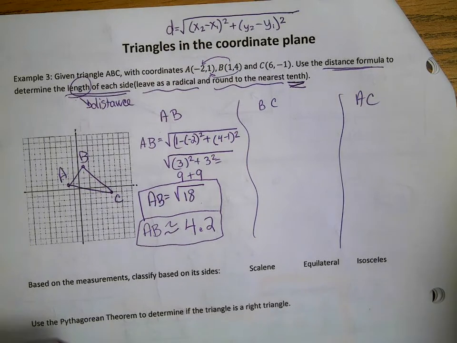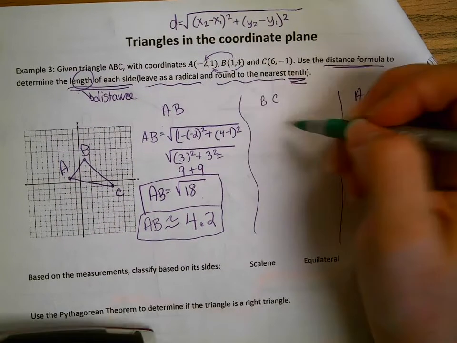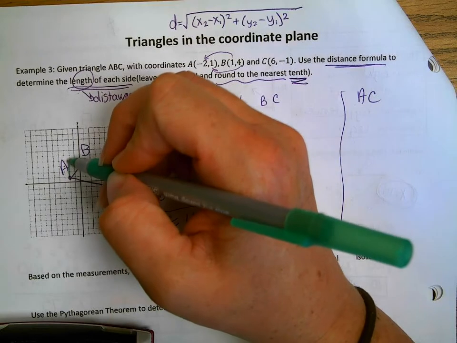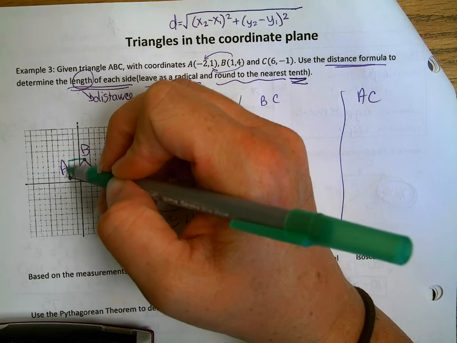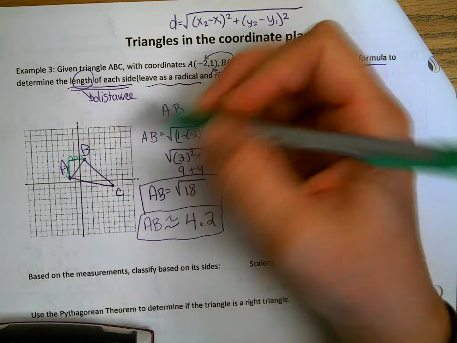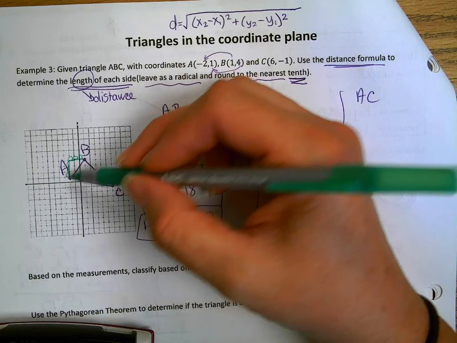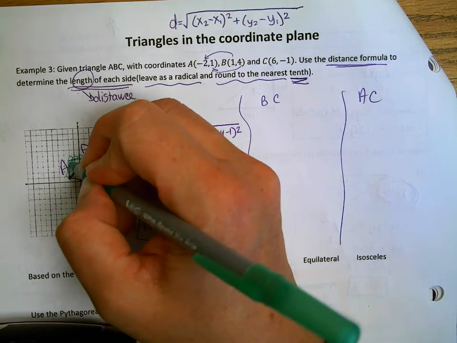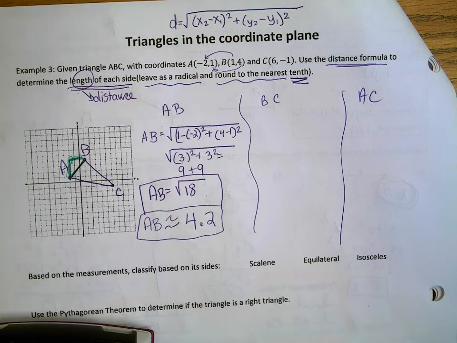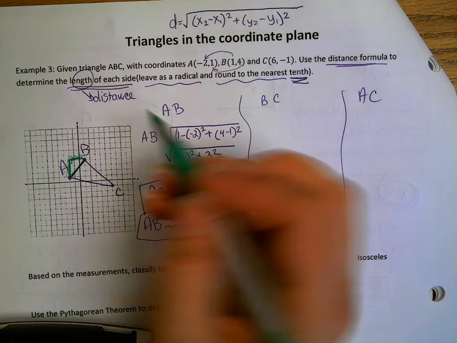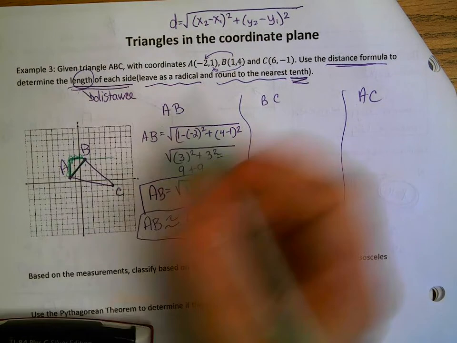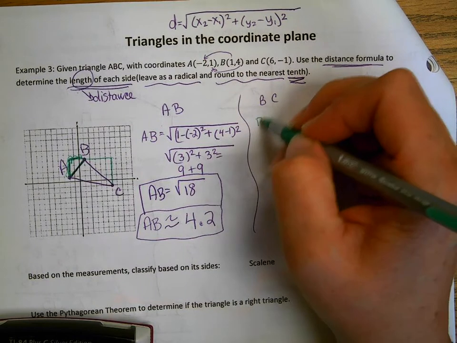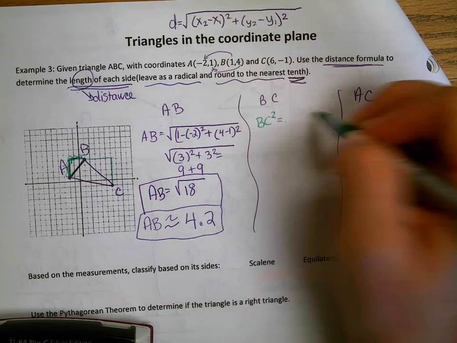All right. BC, from B to C. Now this is where I'm going to go over to the graph. Now, if I had gone up and over from A to B, it's 3 boxes up, 3 boxes over. I could have used my Pythagorean theorem because from A to B is the hypotenuse of that little green corner of a triangle. Okay, I'm going to do the same case from B over and down to C. So BC squared is my hypotenuse.